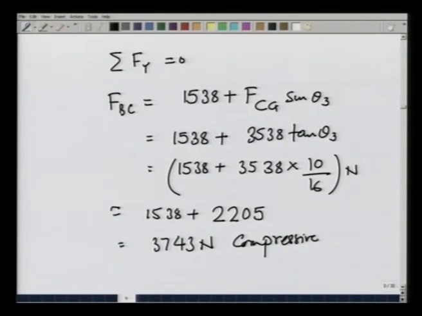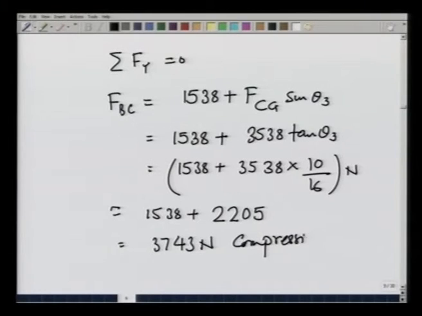So, we have calculated forces up to GC and BC. If I know other angles, I can go further and calculate all the forces in all the members.